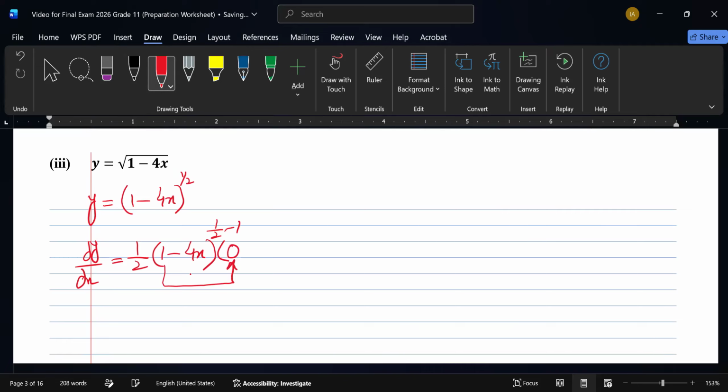The second term, which is 4x, let's differentiate. The 4 times 1, x power 1 minus 1. It's 1 over 2, (1 minus 4x) power minus half, and this is 0 minus 4x power 0.